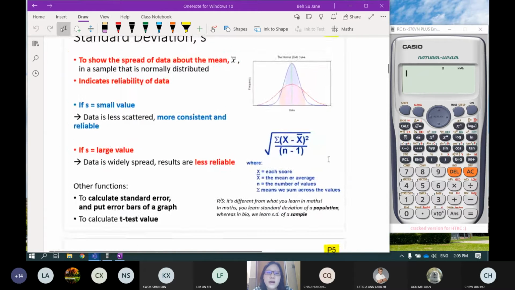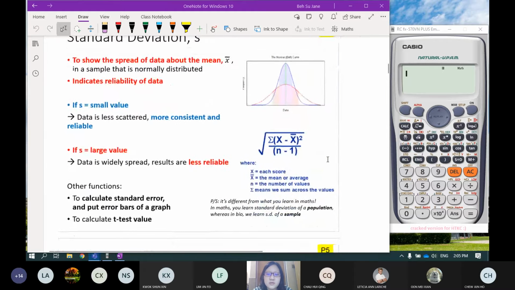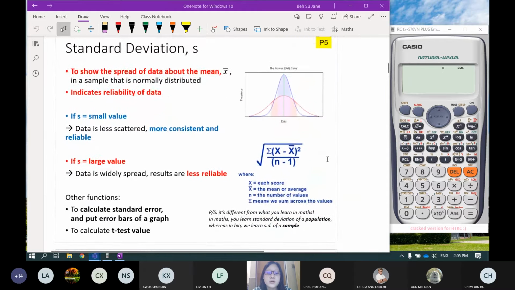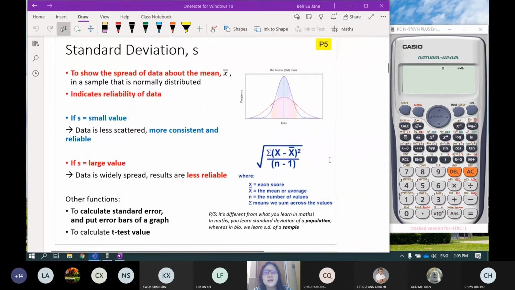Now, the reason why I have to go through standard deviation, even though you already have learned it in maths, is because it's slightly different from the maths one. I'll tell you how later, but first I'm just going to give you an overview of what standard deviation is. Standard deviation is to show the spread of data around the mean in a sample that's normally distributed. So in essence, it is about the shape of the bell curve.